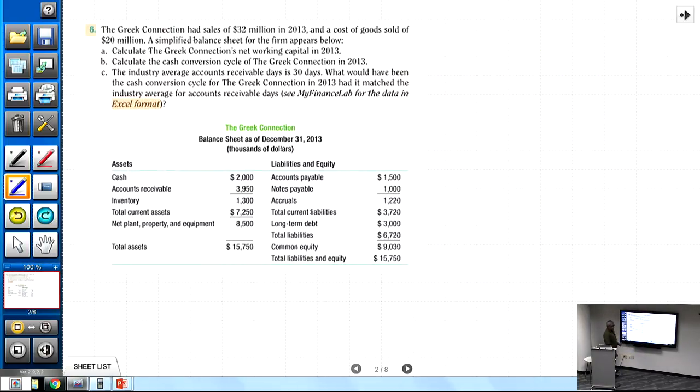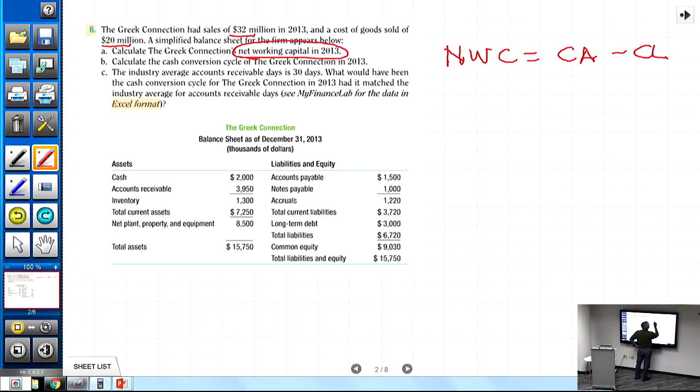Let's take a look at problem number 6. The first part of the problem, over here again we have a balance sheet. It has sales of 32 million, cost of goods sold 20 million, that's coming from the income statement. Calculate net working capital for 2013. Net working capital is current assets minus current liabilities.